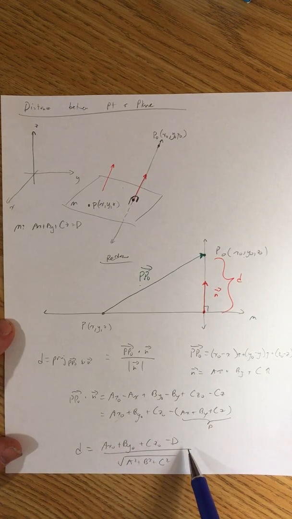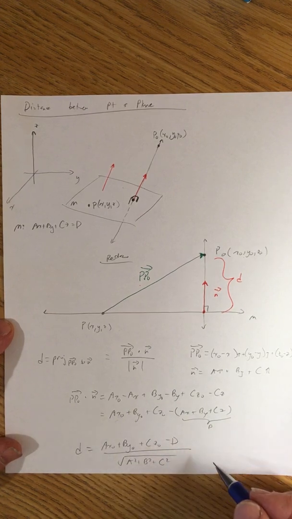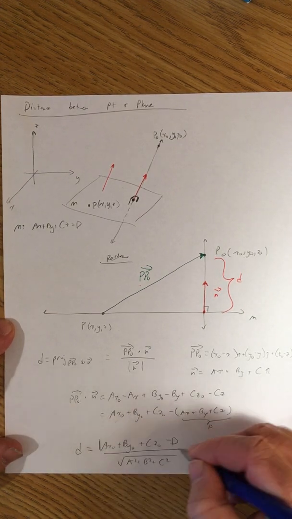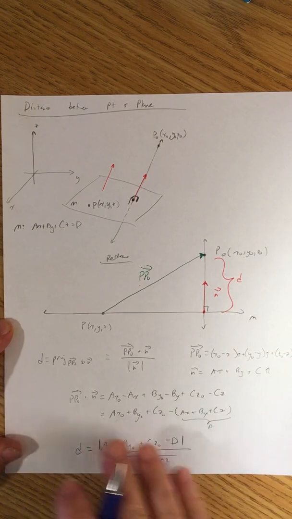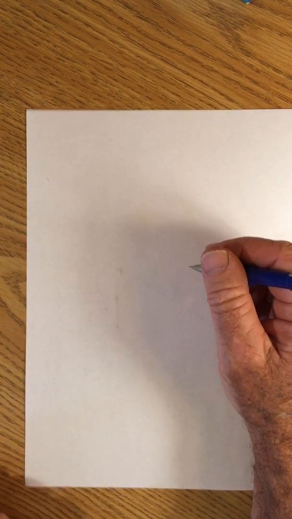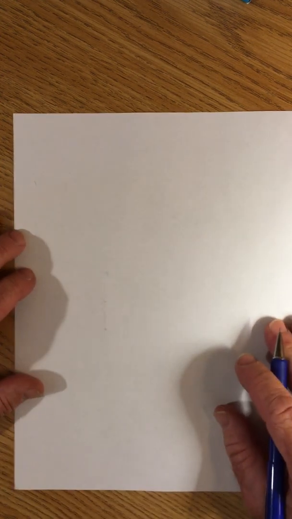That's a dot product, that's not a vector. That's a magnitude, that's a number. So this is an absolute value. The question is, why is that absolute value there? The reason is that dot product could be positive or negative.